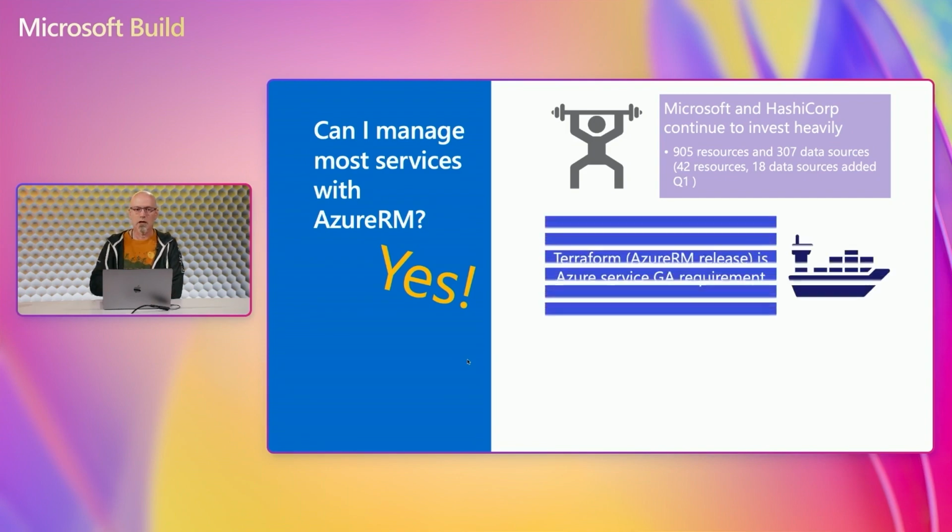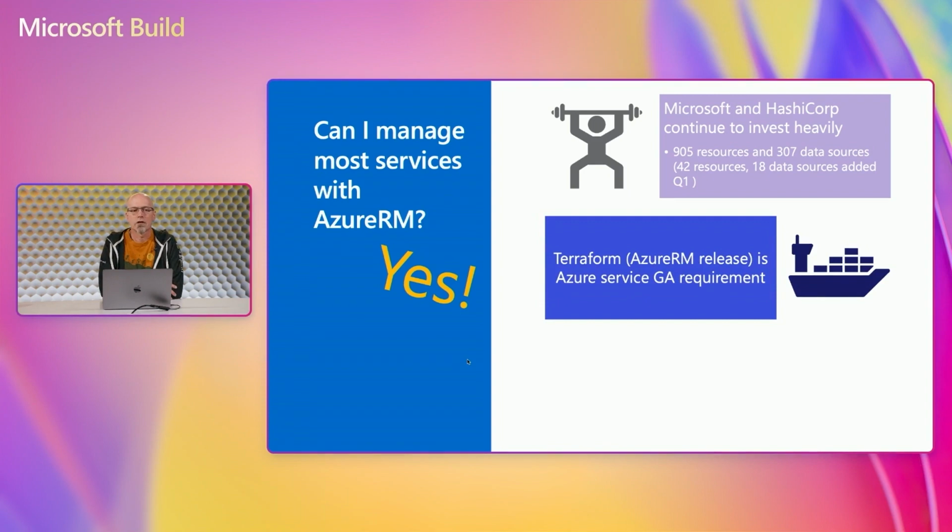We do have a goal to have AzureRM coverage by GA, and it is a requirement within Microsoft to have that coverage in the AzureRM Provider. So we are reducing that delay in getting coverage by making it a requirement within Microsoft.